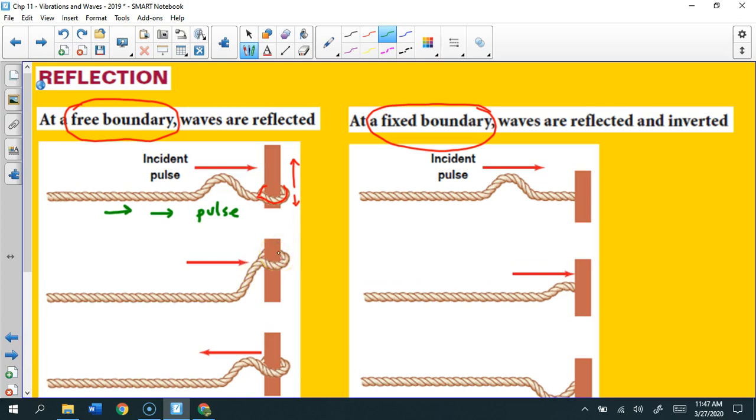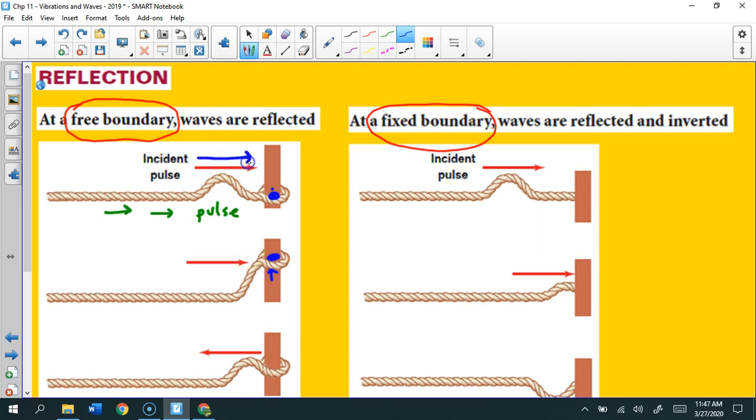The rope actually ends up going upwards. So observe carefully. The rope was over here, and now the rope is over here, i.e. it traveled upwards.